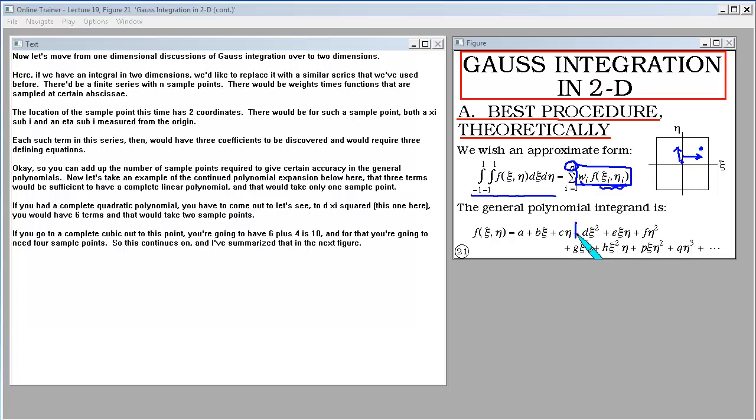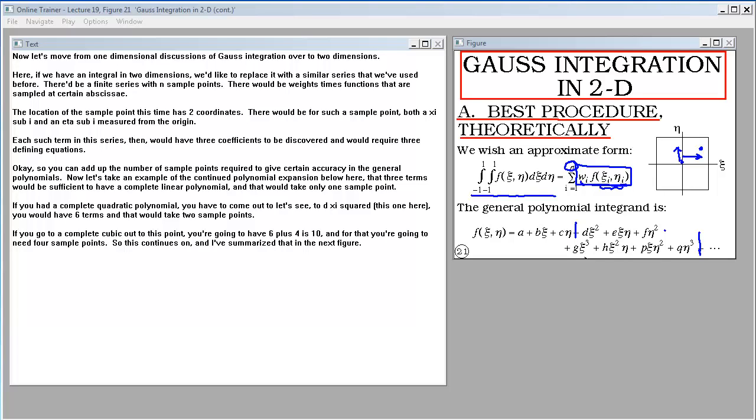If you had a complete quadratic polynomial, you have to come out to, let's see, to d c squared, this one here. It would have 6 terms, and that would take 2 sample points. If you go to a complete cubic, out to this point, you're going to have 6 plus 4 is 10, and for that you're going to need 4 sample points.